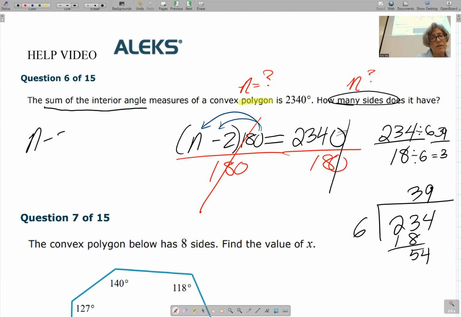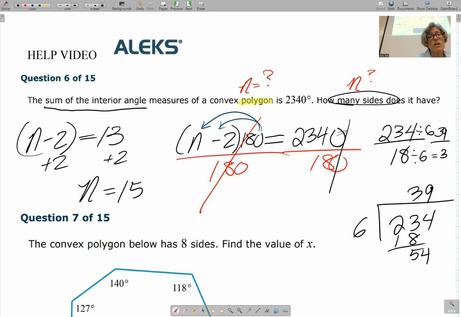So I have n minus 2 equals 13, plus 2, plus 2. So our number of sides here is 15.